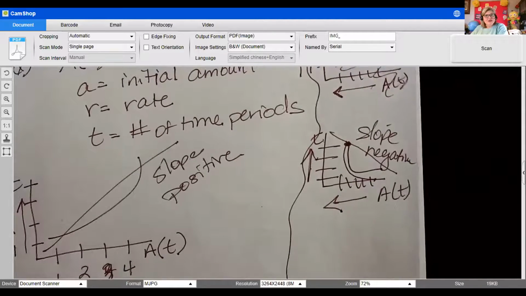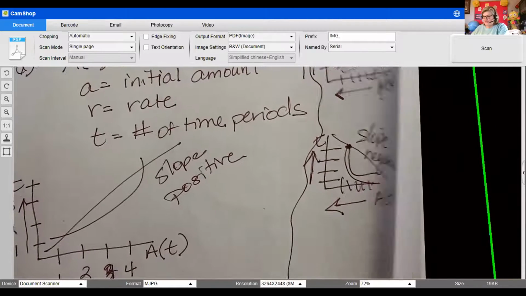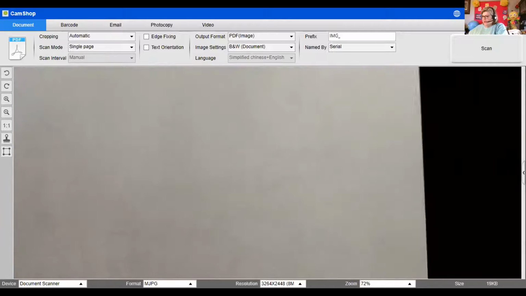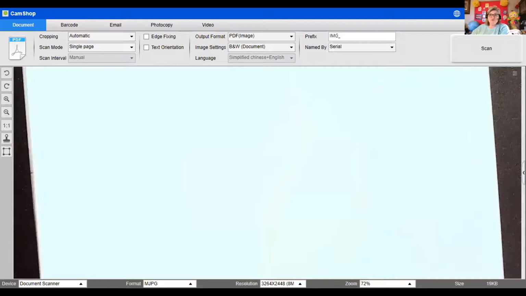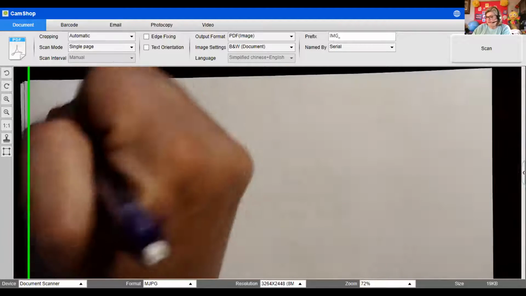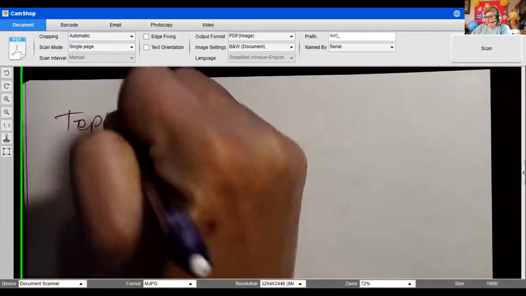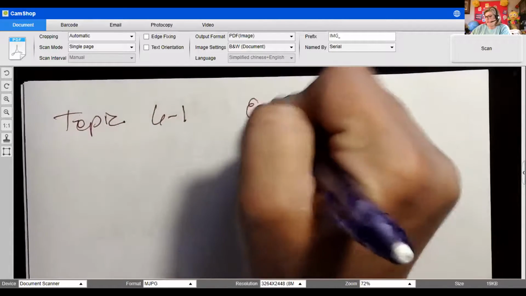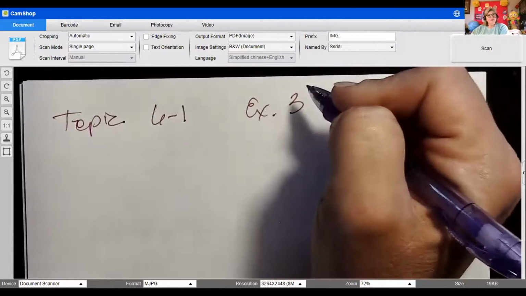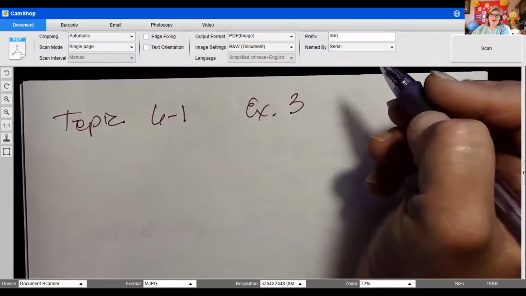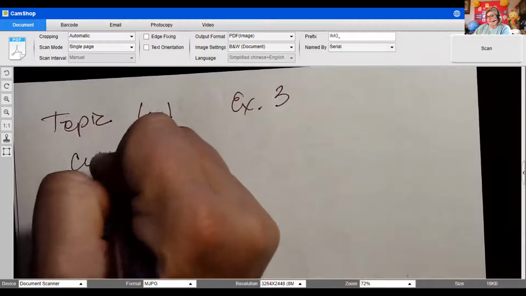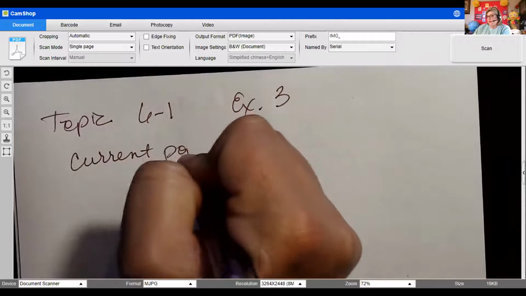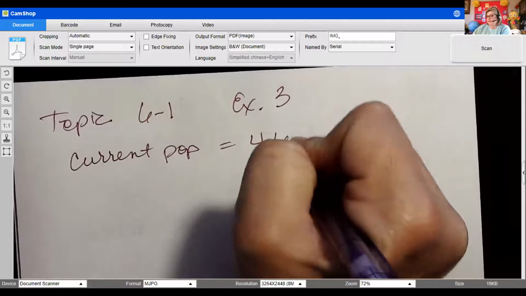So now let's look at some specific examples. In topic 6.1, you have a population growth situation where the current population is 4.6 million.